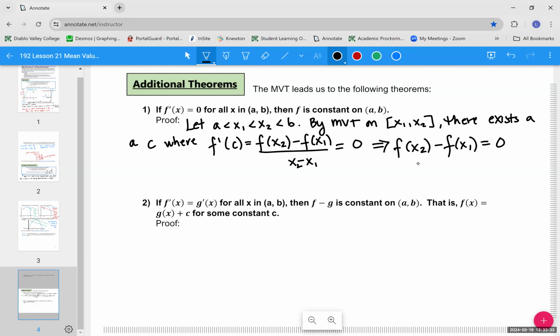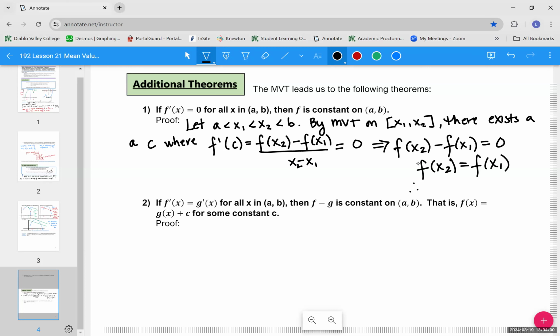And if you simply add the f of x1 to the other side, we get this conclusion that f of x2 is equal to f of x1. But we chose x2 and x1 arbitrarily. We just said they are any values in between a and b. So we just proved that for any two values between a and b, f of x must equal f of x for those values.